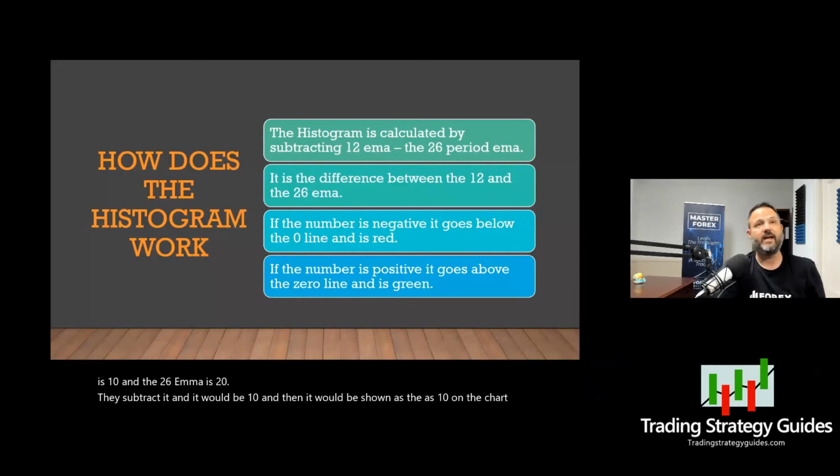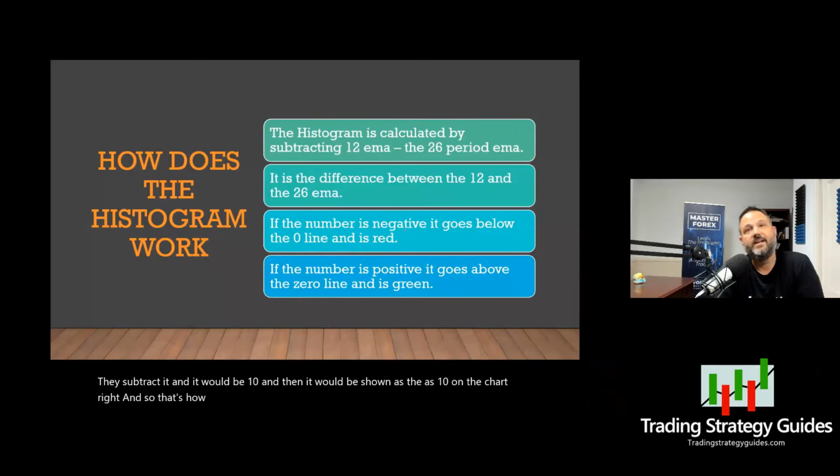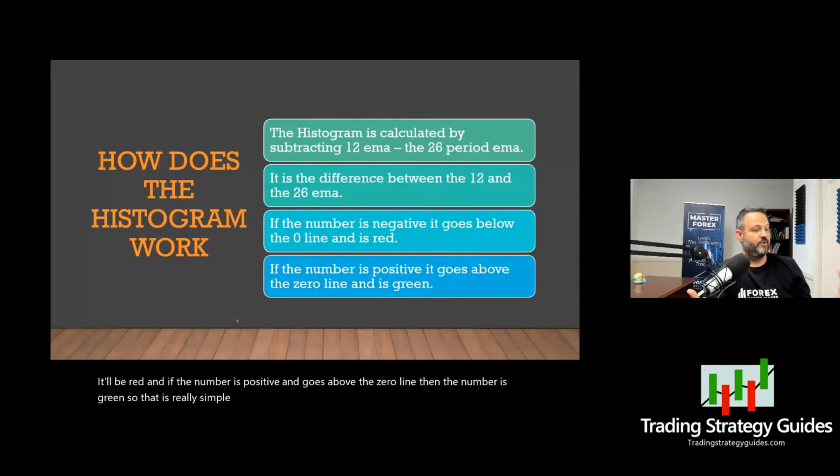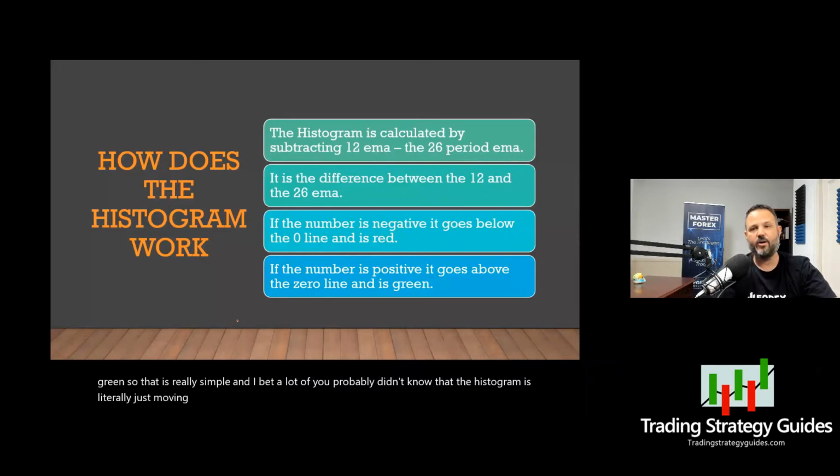That's how the histogram works. If the number is negative and goes below the 0 line, it'll be red. If the number is positive and goes above the 0 line, it is green. That is really simple, and I bet a lot of you probably didn't know that the histogram is literally just moving averages. Let me pull up a chart here and show you what it is.